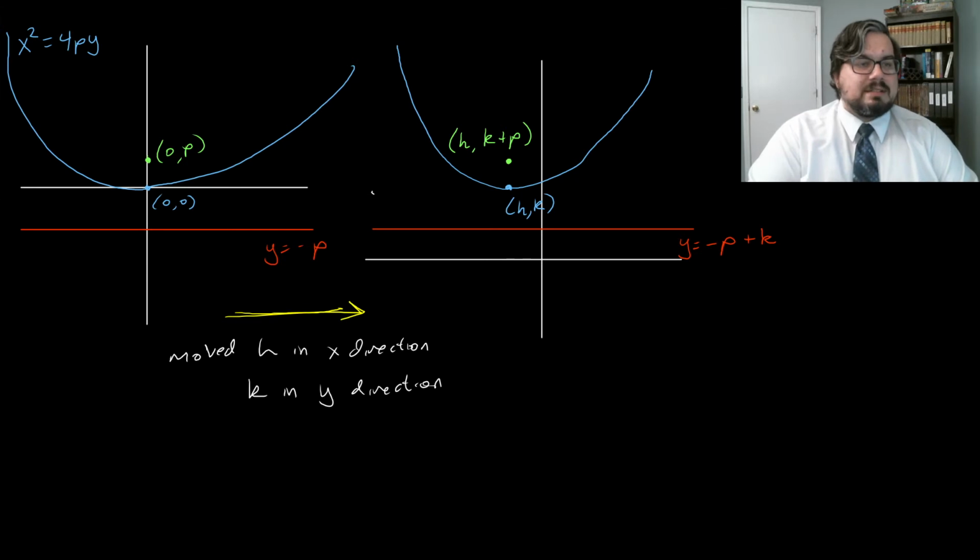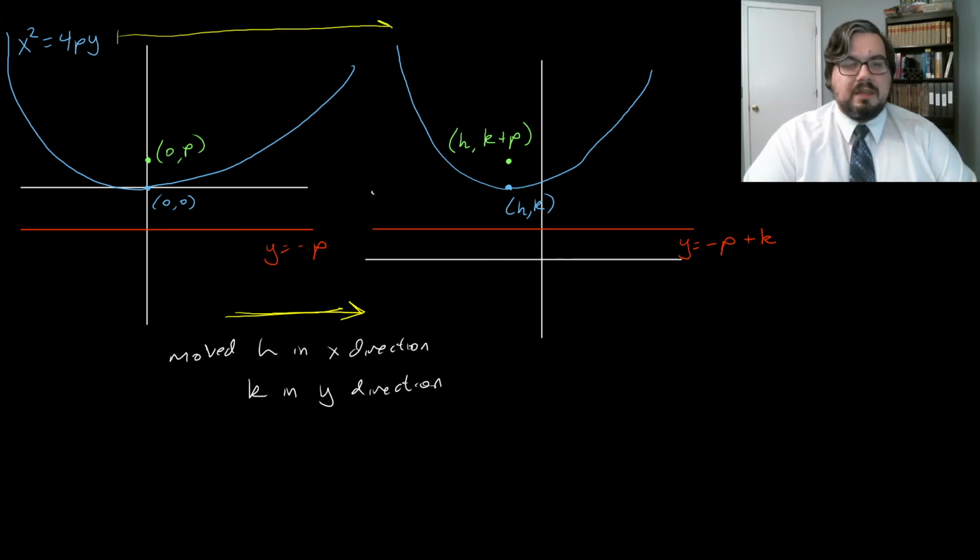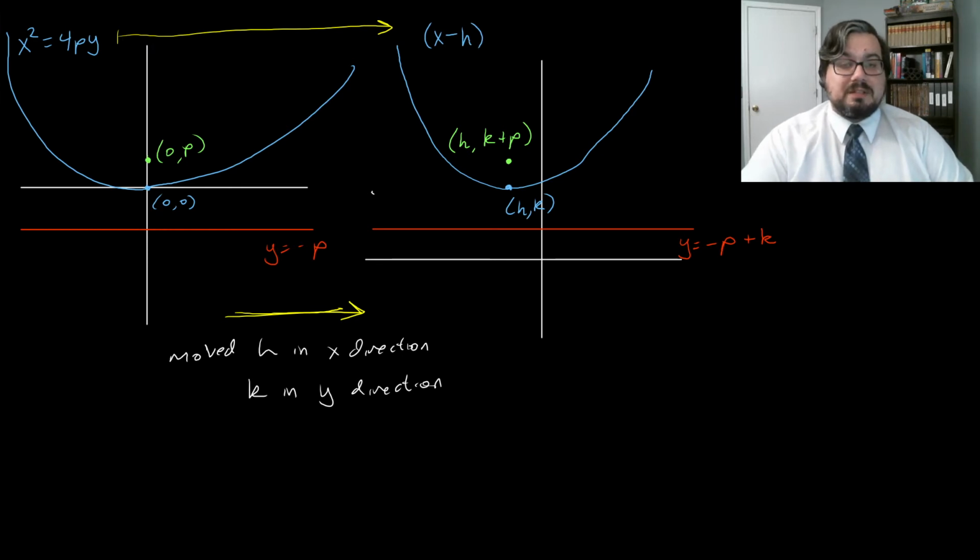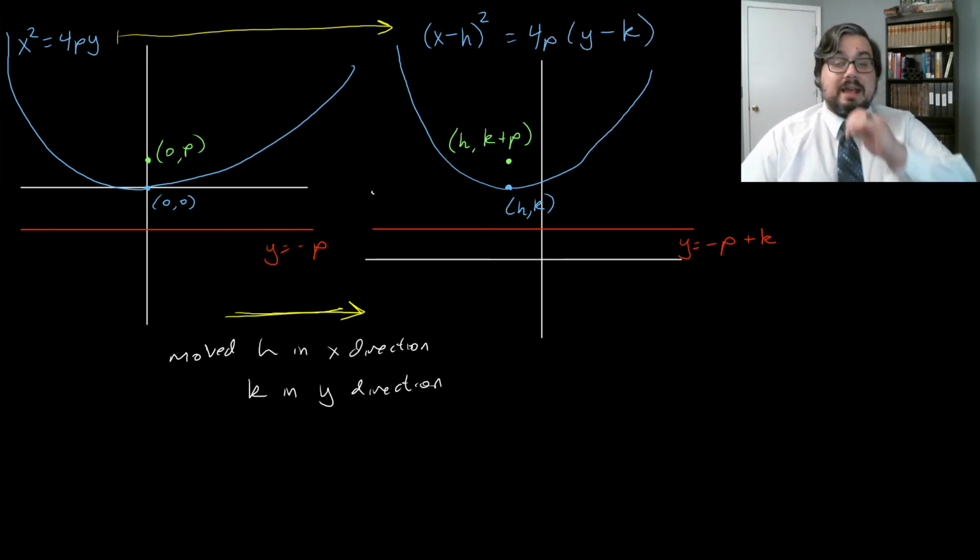And that translates the equation as well. It replaces x with x minus h, where h is the amount that we've shifted horizontally, and it replaces y with y minus k, where k is the amount that we've shifted vertically.